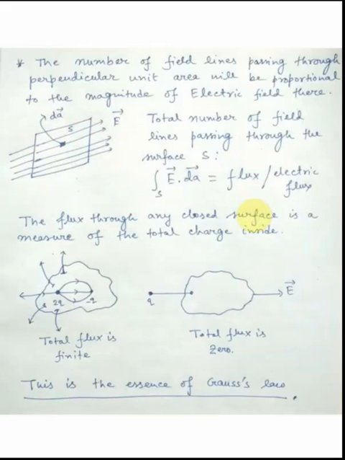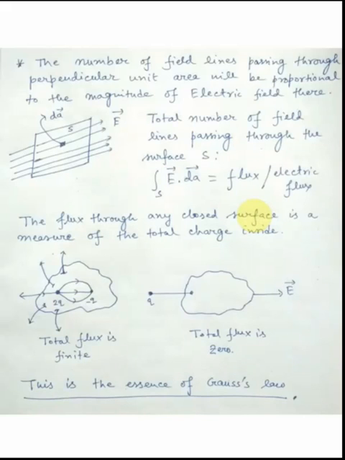Now, let's understand this more elaborately. The flux is actually proportional to the number of lines drawn, because the field strength is proportional to the density of field lines, that is the number per unit area.